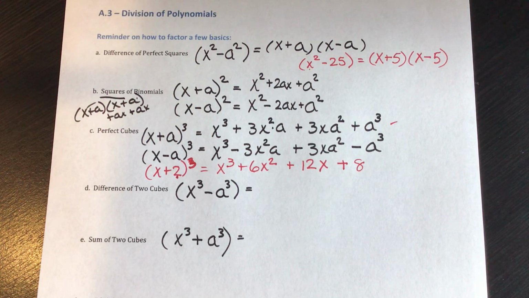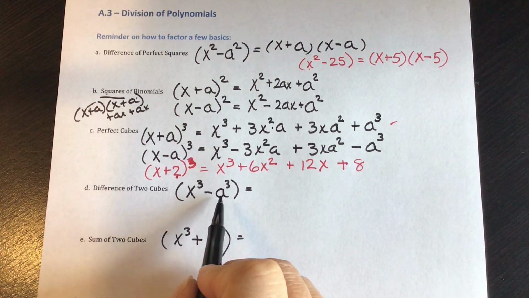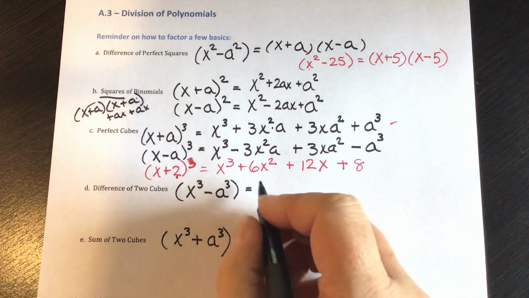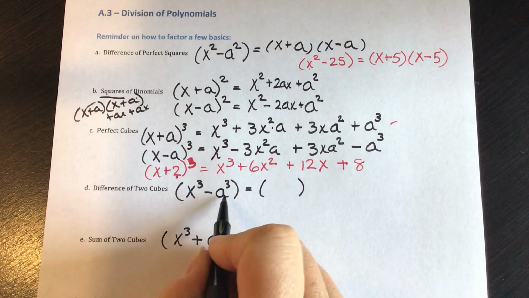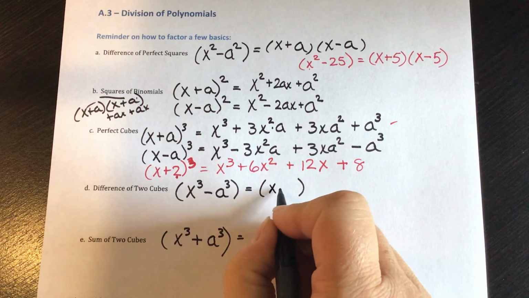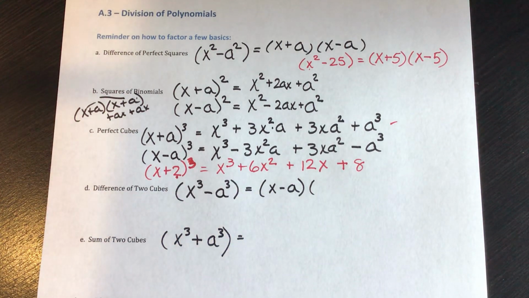Then I have the difference of two cubes. All right, so if each of these numbers are cubed and I want to factor this, I'm going to get a binomial which, if it's the difference of cubes, I'm going to get x minus a, and then I'm going to multiply it by a trinomial.